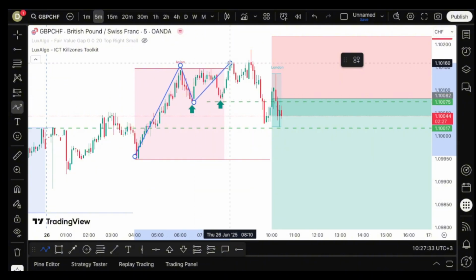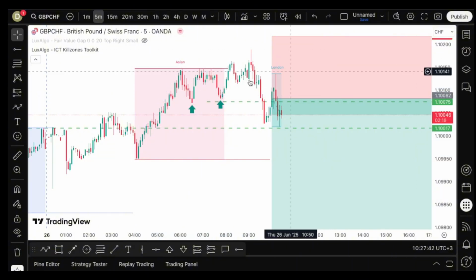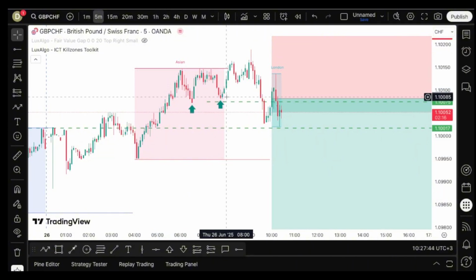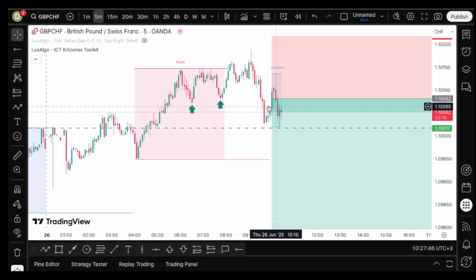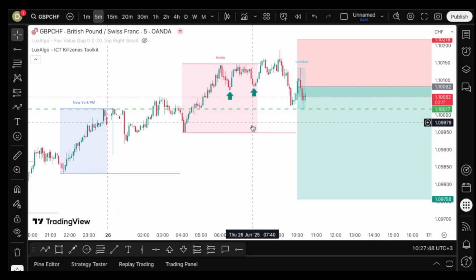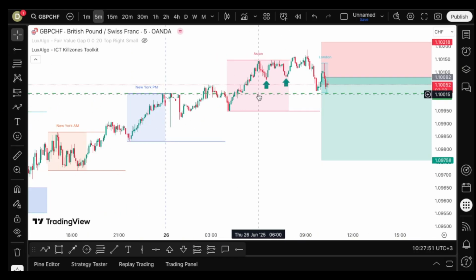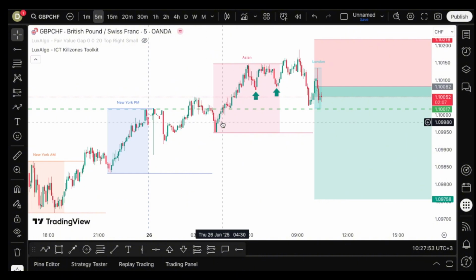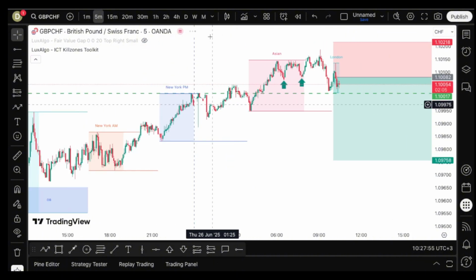Then the price came and closed below this area with the first candle of the London session after sweeping this high. Another thing that I considered was this dotted line here, yesterday's daily high, which has been taken out.